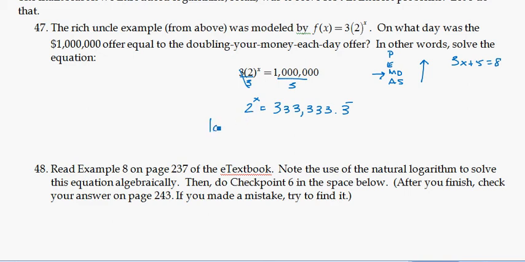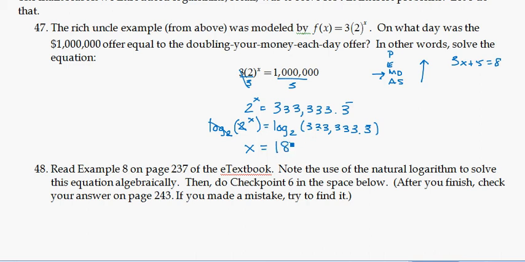We're going to take log base 2 of both sides of the equation. So I take log base 2 of 2 to the x and log base 2 of 333,333.3 repeating. Now on the left, I just get x, because by definition, log base 2 is the function that undoes exponential base 2. Over here, I just have to evaluate a logarithm base 2, and I can use any online calculator to do that.